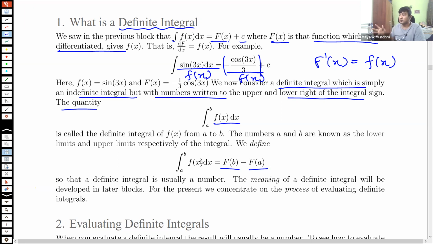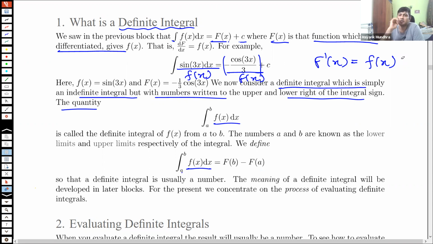So if capital F was the integration of small f, then integration of small f from a to b is capital F of b minus capital F of a. This is the simple meaning of a definite integral. The mathematical importance of definite integral will become clear later on.